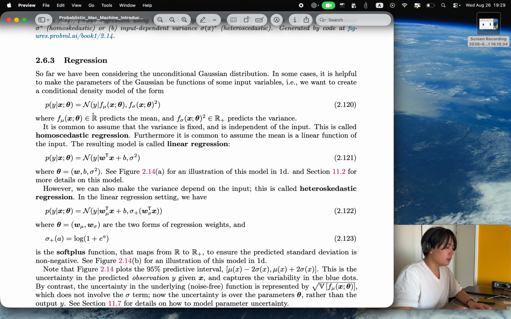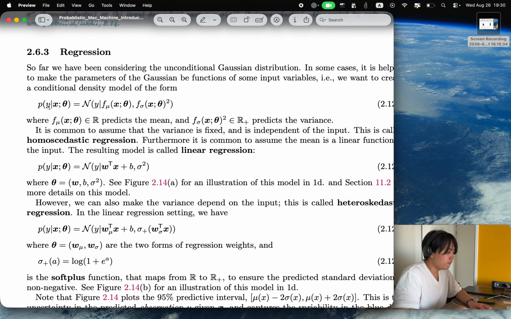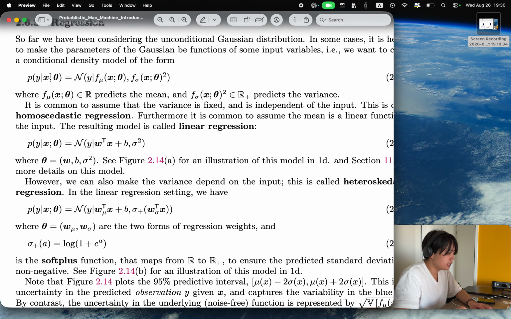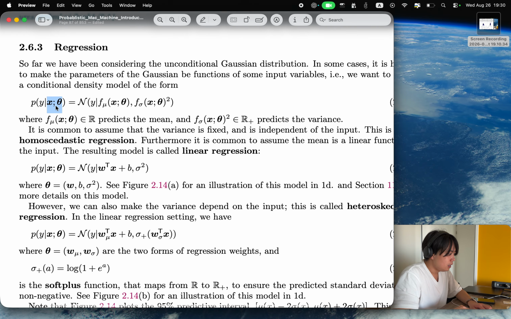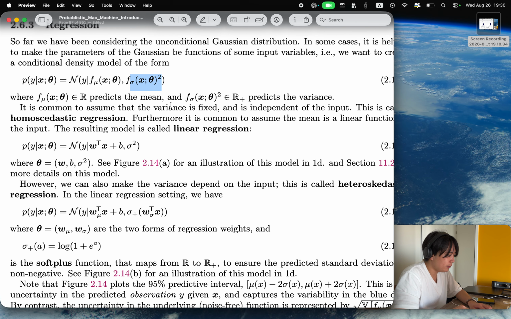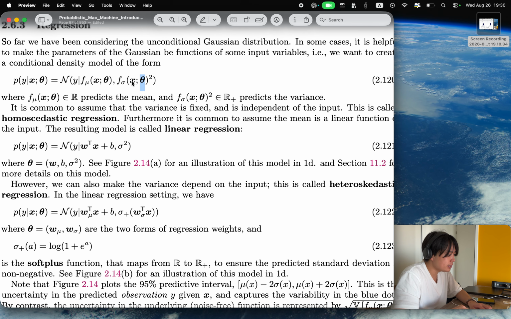So the Gaussian probability function can take those two parameters and it will create the normal distribution with mu and sigma squared.